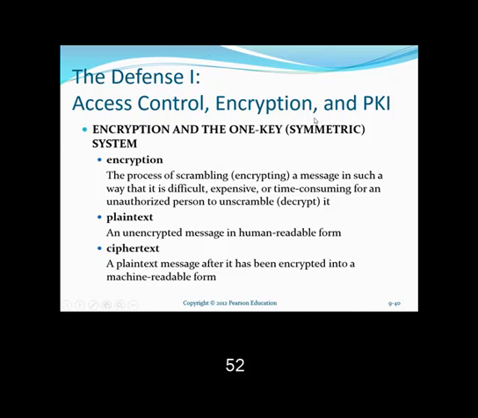Okay, in this encryption and one key symmetric key system, there are three terms you need to know. Encryption is the process of scrambling a message in such a way that it is difficult, expensive, or time-consuming for an unauthorized person to unscramble or decrypt it. For example, it is like a secret code. Say I want to send a secret message to Ogong.